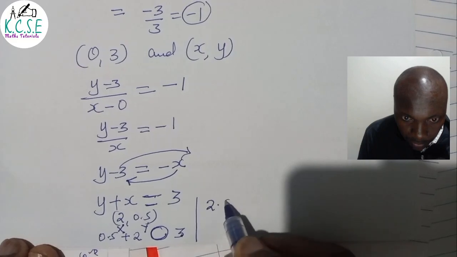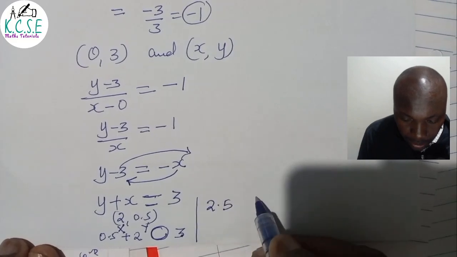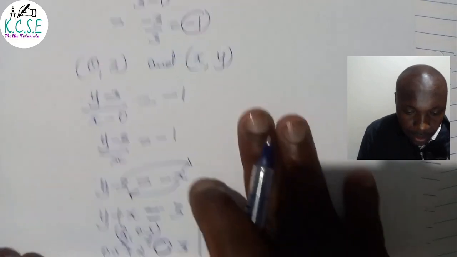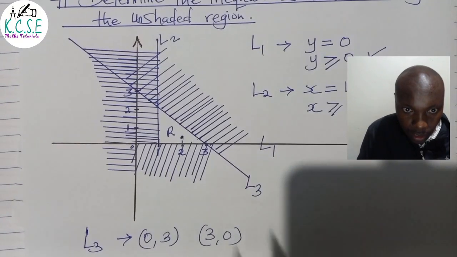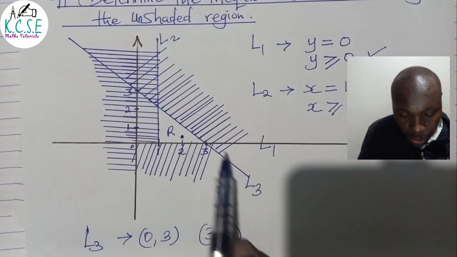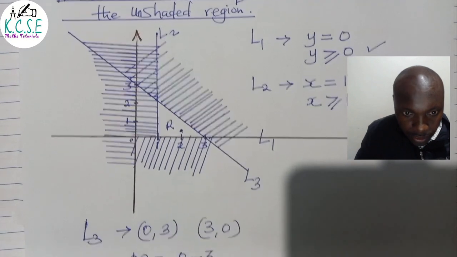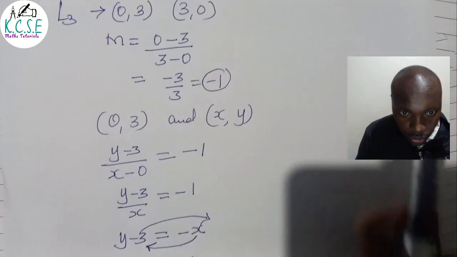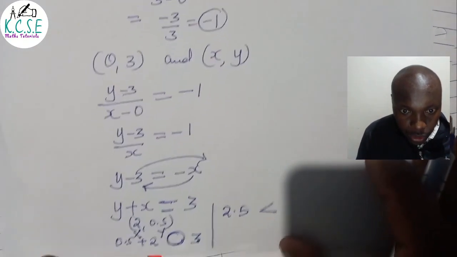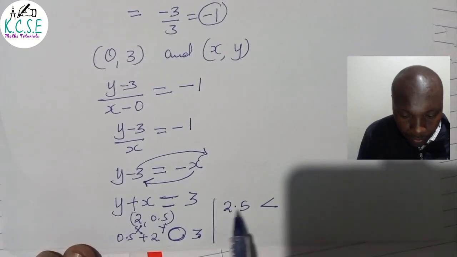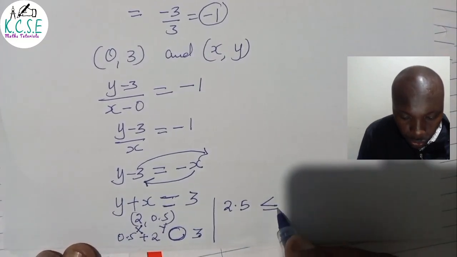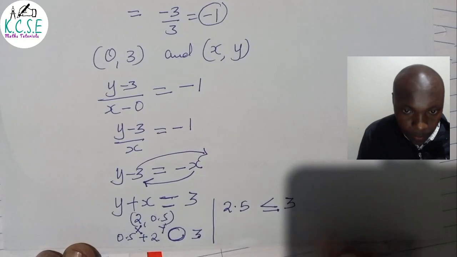So 2.5 is less than 3, and since the line is continuous, meaning all the points that lie on that line also satisfy the inequality, it will be 2.5 is less than or equal to 3.